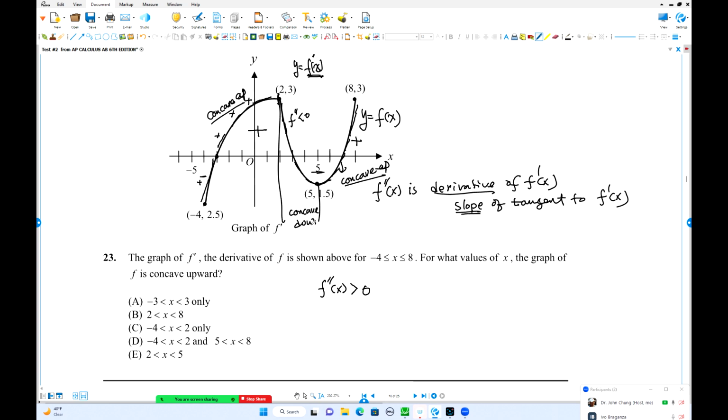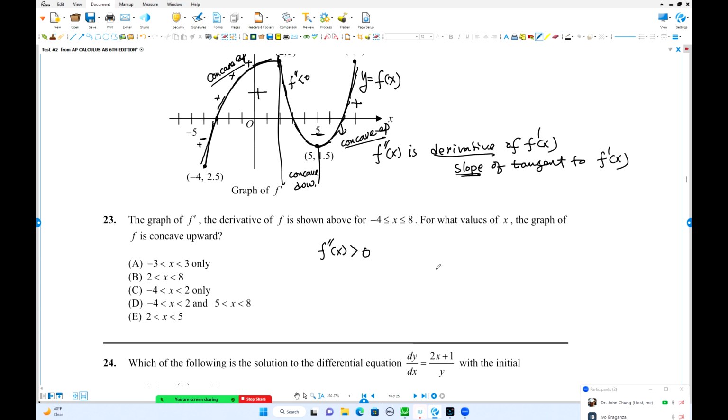Okay? So I'm going to show you the approximate graph of f of x. Just give me 1 second. I'm going to explain the graph of this one. We start from any point here. Decreasing over here, right?